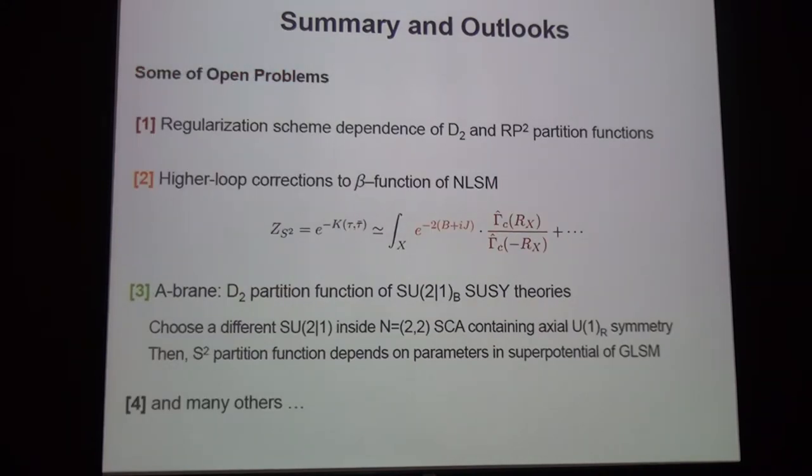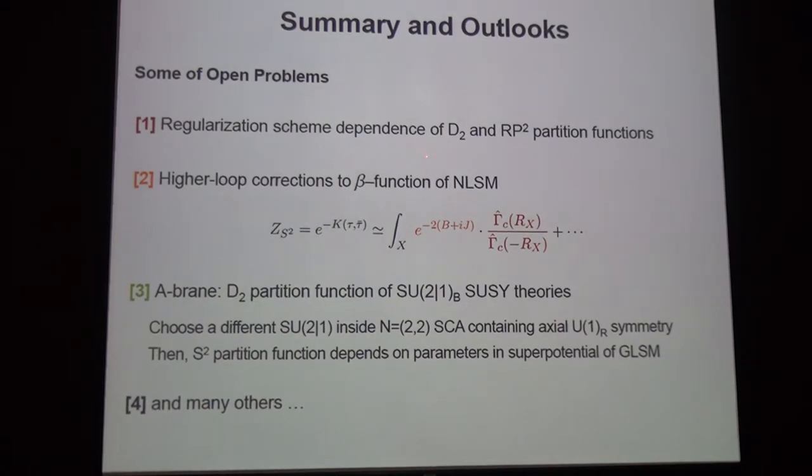And finally, let me discuss some open problem, a small, tiny but cute problem. We discussed this regularization scheme dependence of the finite piece of the two-sphere partition function. Basically, we can ask the same question for the hemisphere partition function and the RP2 partition function. Of course, using the space-time picture, we already identified the finite term of the hemisphere and RP2 partition functions as the central charge or tension of the D-brane and orientifold plane.